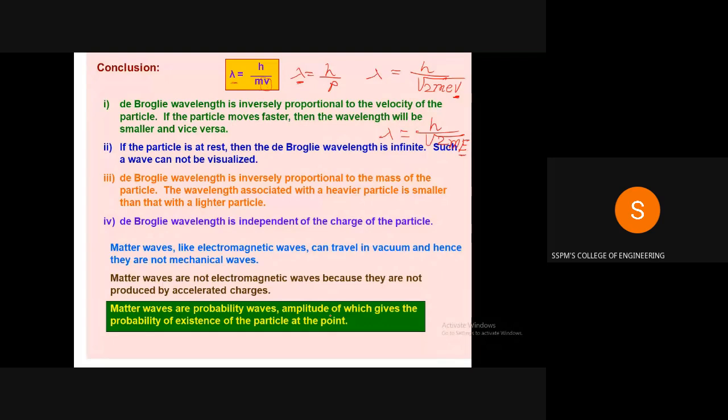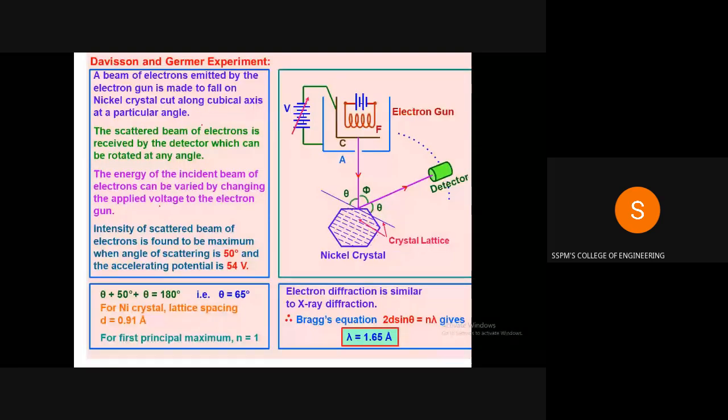Next, if we define certain properties associated with matter waves, one contradiction arises: the phase velocity we get is c square upon v. What is v? V is the particle velocity and u is the phase velocity.